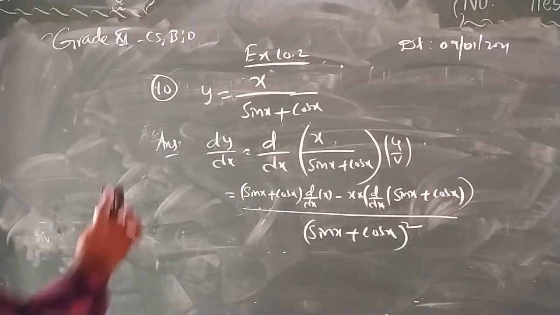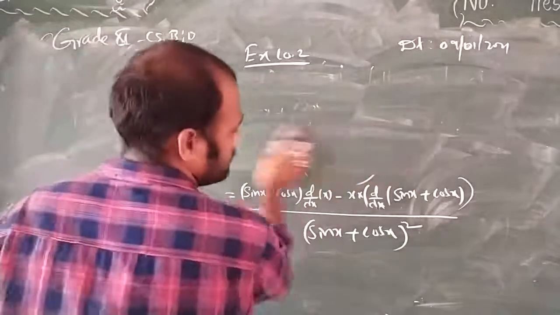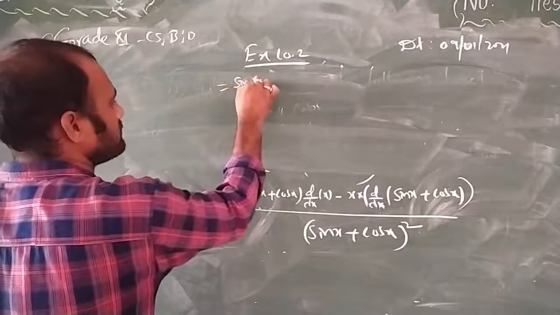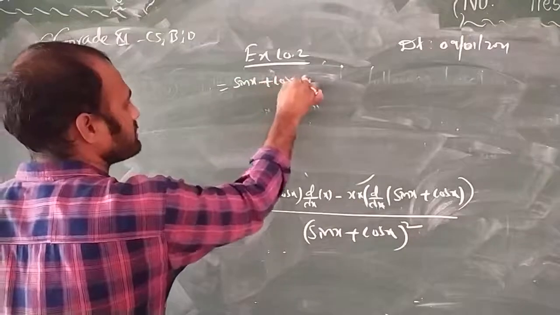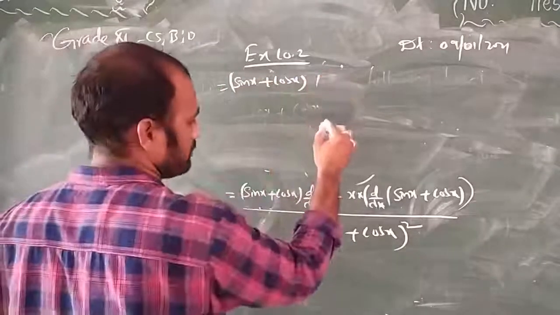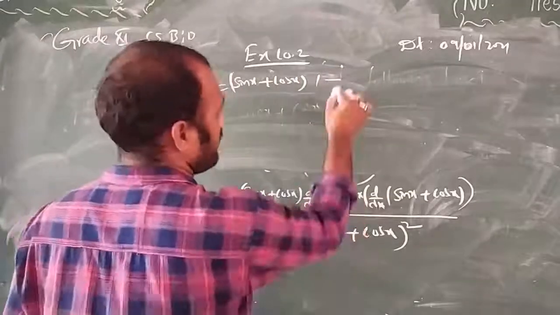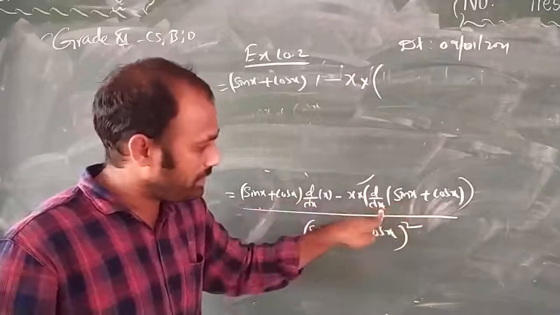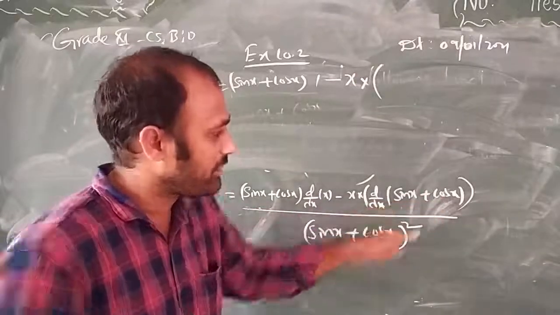Next step, sin x plus cos x, derivative of x is 1, minus x into, so here the sum rule we have to use: derivative of the first function plus derivative of the second function.